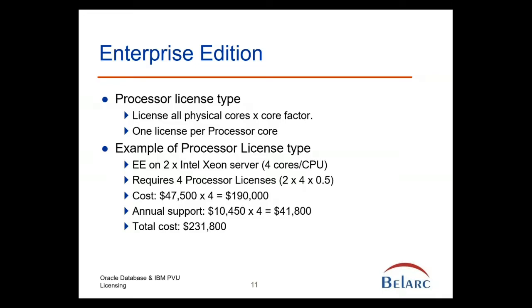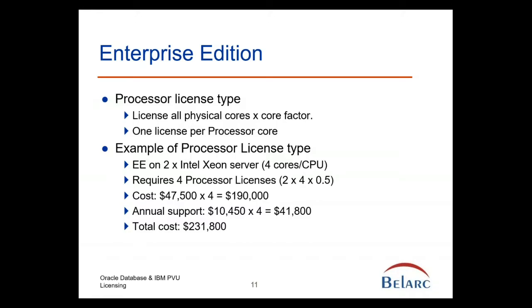So when you multiply the 8 processors by the core factor of 1/2, you get a total of 4 licenses. So for this kind of machine, you would need 4 processor licenses. And again, we finish here with an example of the kind of cost that you might expect to pay for those licenses. The list price of the license per processor is just under $50,000. You can see that every single processor matters for your cost, and it's not a trivial amount of money.